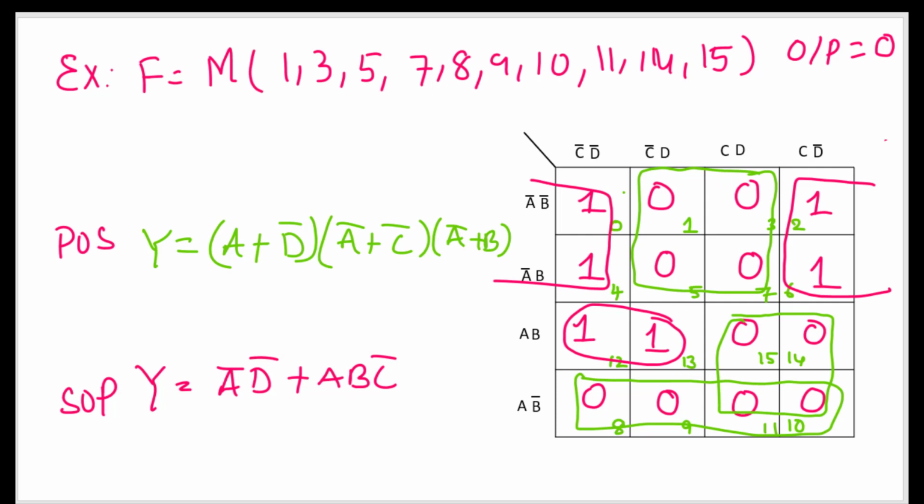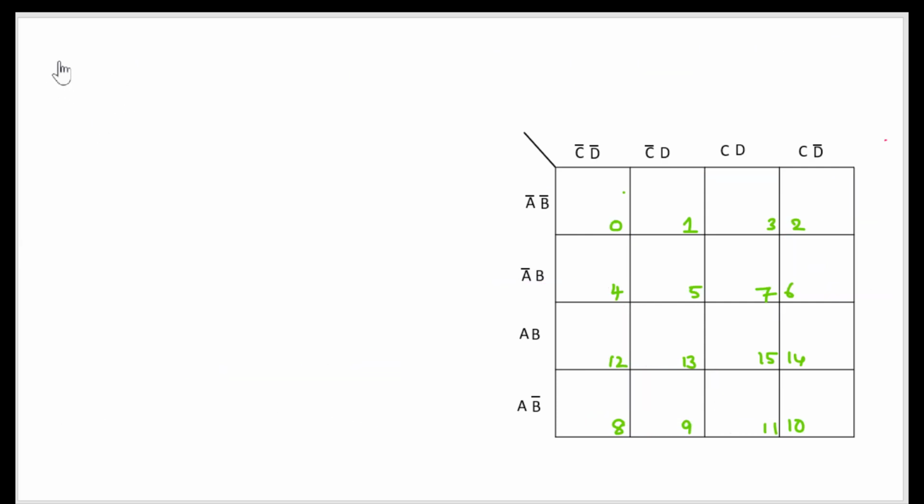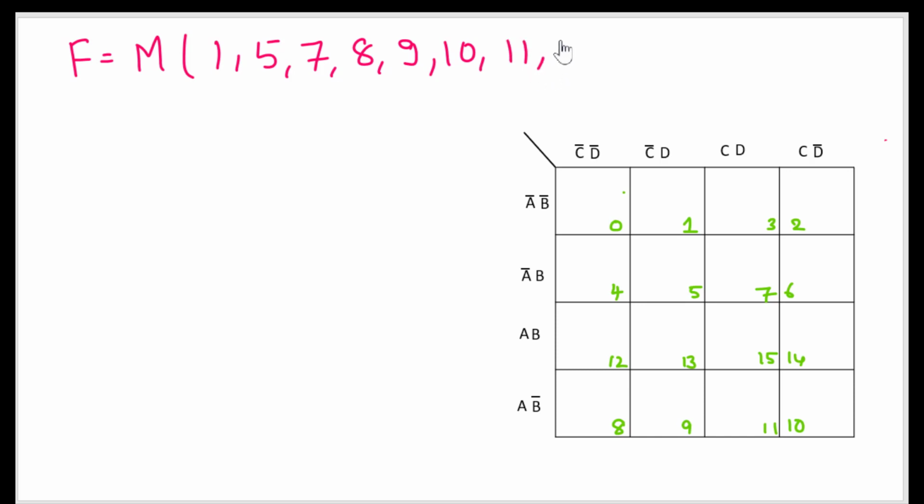Let's take one more example and try to see. This time also again max terms. Function M equals 1, 5, 7, 8, 9, 10, 11, 13, 14 and 15, for which the output is 0.